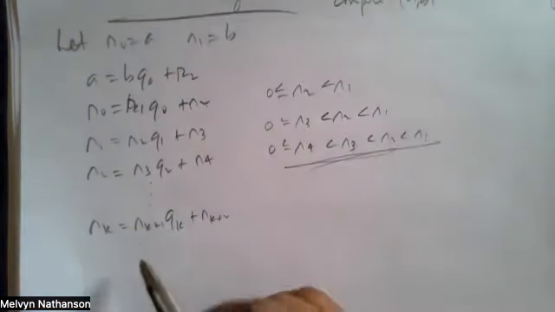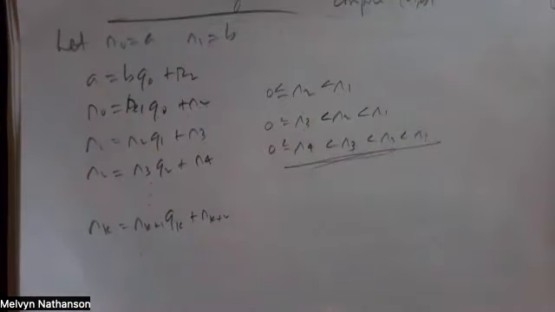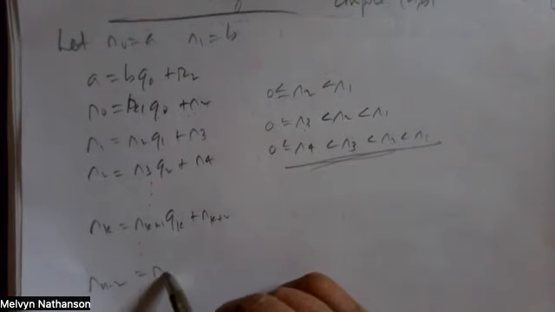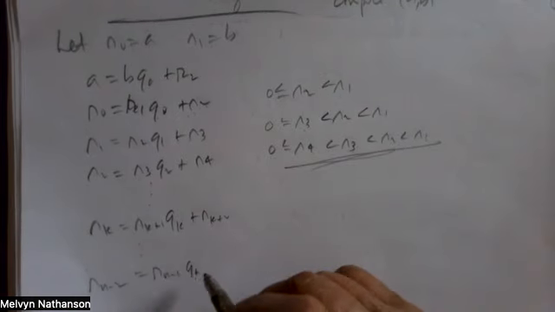And we get to some point where we have, let's say, R sub n minus 2 is R sub n minus 1 times Q sub n minus 2 plus R sub n. And when you divide R sub n minus 1 by R sub n, we get a remainder of 0.